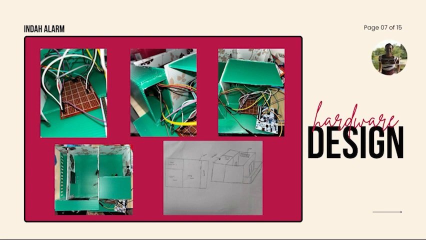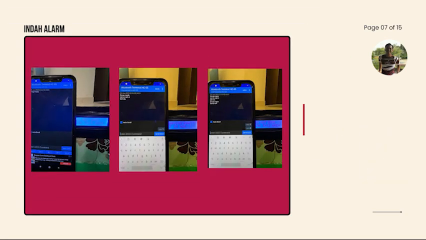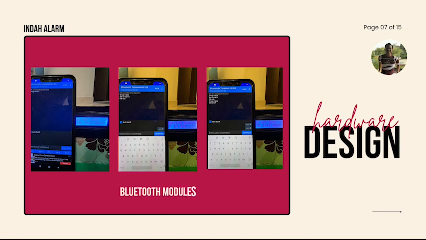For the hardware design, these are some of the pictures of the prototype that we had done, and they are the sketch of the prototype. These 3 pictures are the Bluetooth modules. The first picture shows when no command is entered.